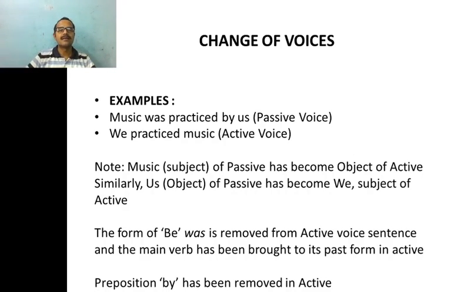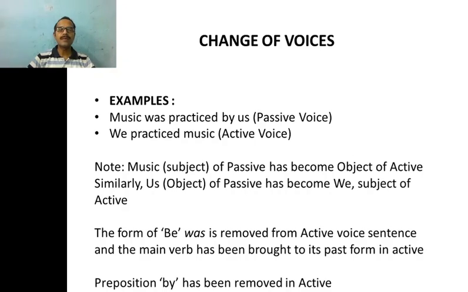And look at the second rule, right? Only in the passive voice sentence we have was as the B form, and now we do not find that form in the active voice. We have removed it. The B form that was introduced in passive voice has been removed in active voice. And then, removal done. And look at the main verb. The main verb in passive voice, practiced, is in past participle form.